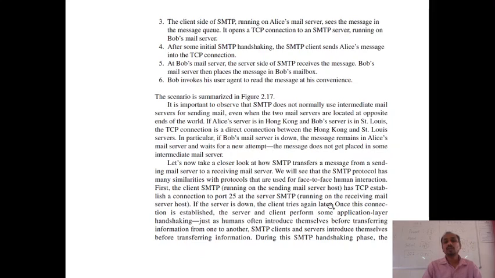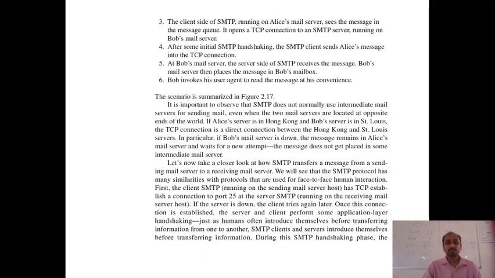First of all, for electronic mail on the internet we use a protocol called SMTP, and SMTP always uses a TCP connection at port number 25. For HTTP we use port number 80. For FTP we use 20 and 21, and for SMTP we use 25 as the port number.